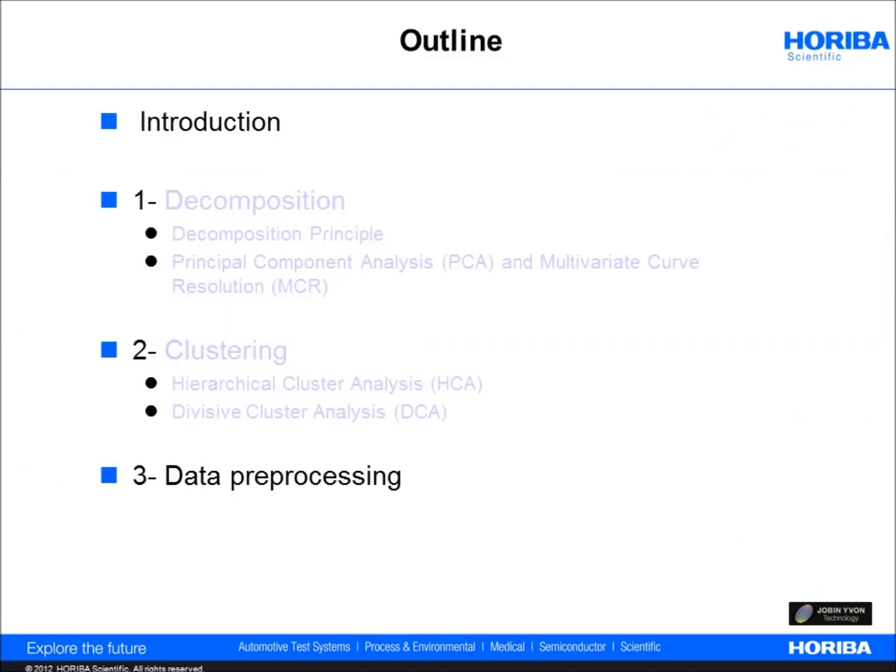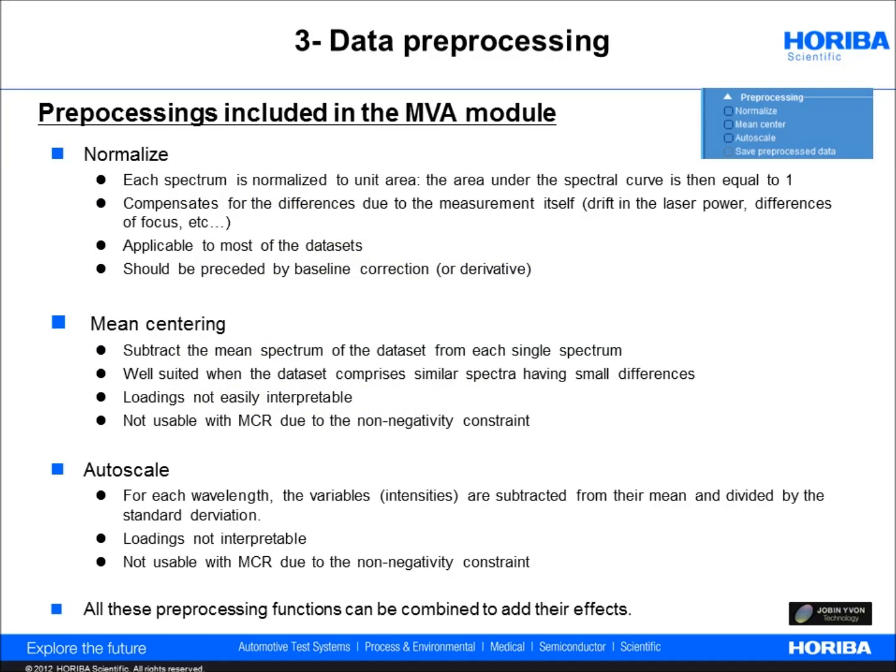An important step of the multivariate analysis involves the data preprocessing. Let's have a look at the different preprocessings and their use. The goal of data preprocessing is to correct for some undesired variance.